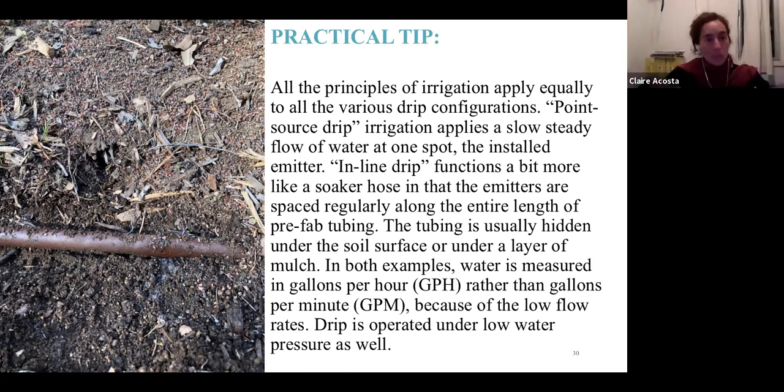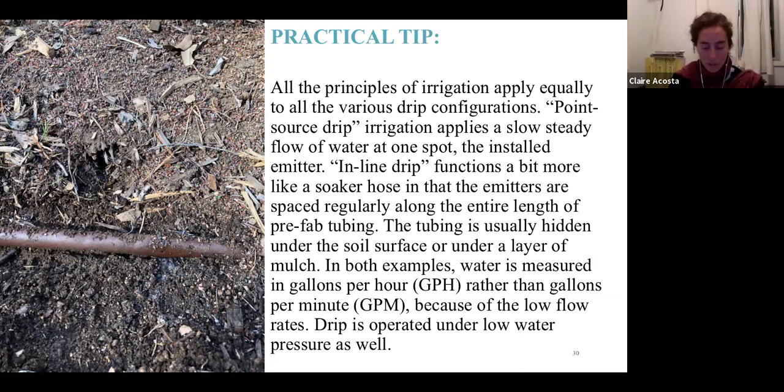So you might have multiple emitters, and also put the emitters at the drip line of the plant, so the canopy. As the plant grows and its canopy gets larger, you move those drip emitters out, or the inline tubing. There can be some issues with drip, especially emitters being too close to the crown of the plant, encouraging rotting, like we've talked about.